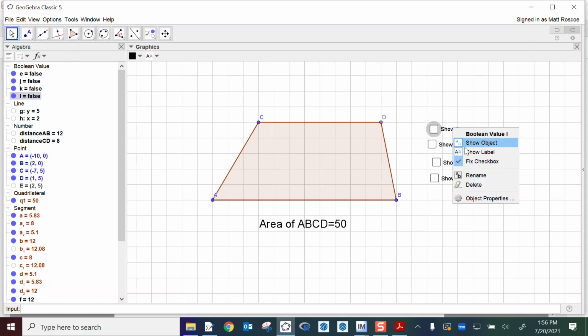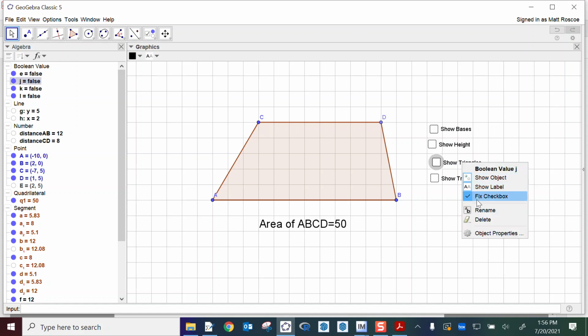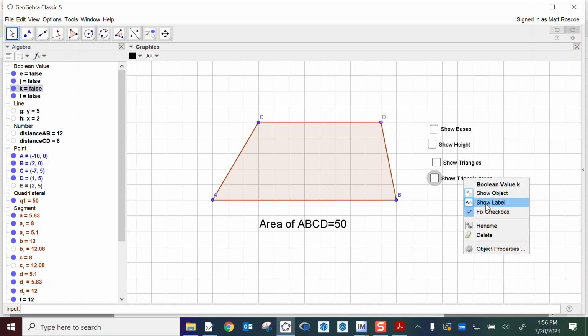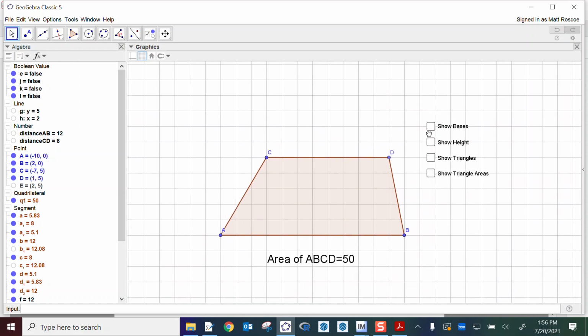Usually what I do is I unfix all of these, so I hit fix, unfix them. So I'm right clicking and unfixing them, and then I put them right up above and below each other here, and these on the grid makes things nice. And then, oops.